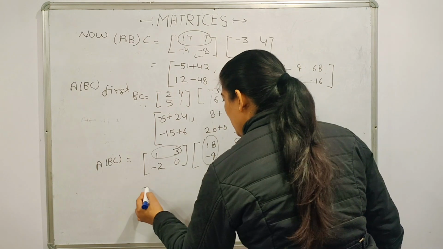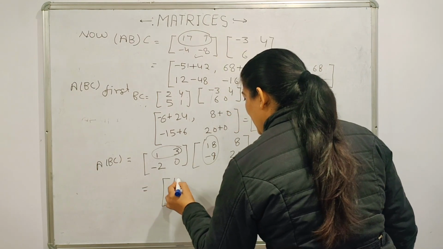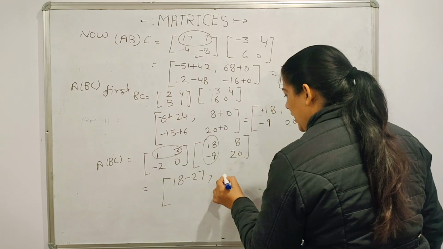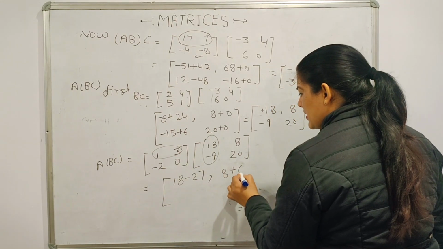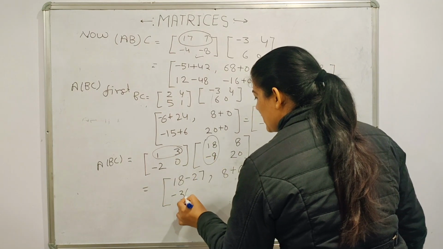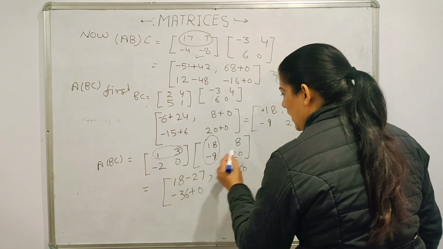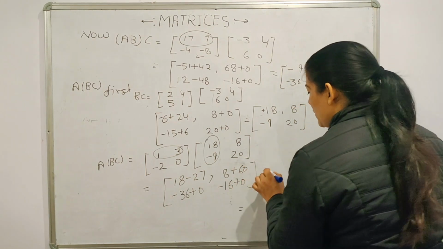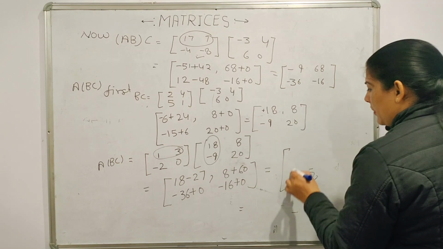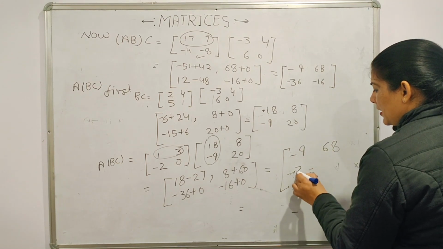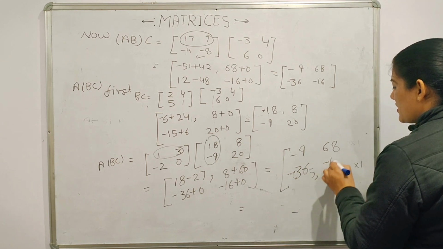So it is equal to 18 minus 27 and 8 plus 60, then minus 36 plus 0 and minus 16 plus 0, which is equal to minus 9, 68, minus 36 and minus 16.